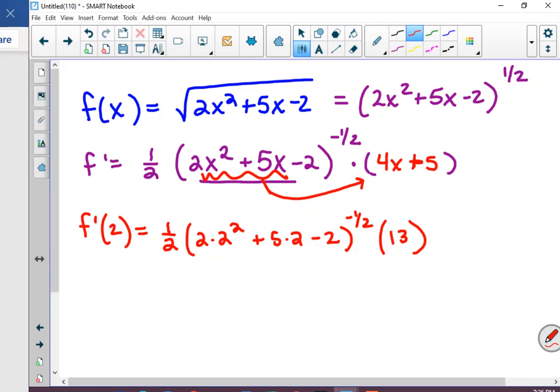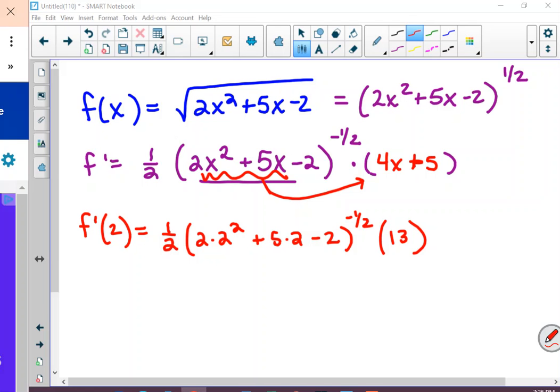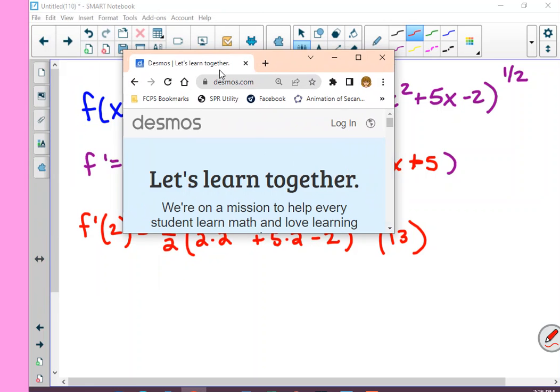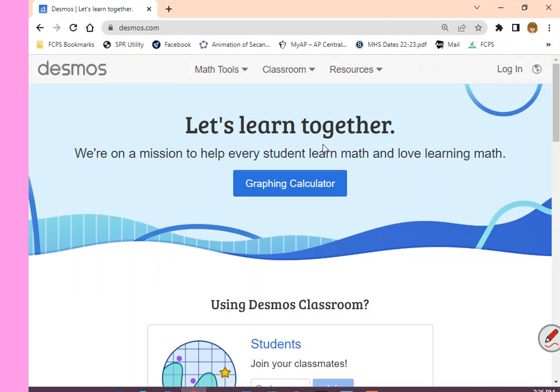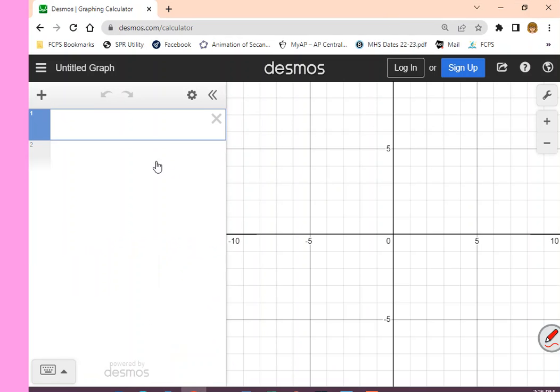If you don't have a handheld to calculate this out, when you type this into Desmos, you can type it in one big swoop, mostly because of the way the Desmos interface works. You can see everything. It's a little harder on the handheld graphing calculator to type things in.